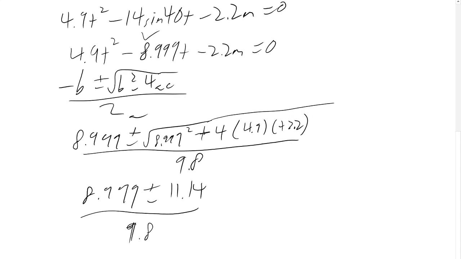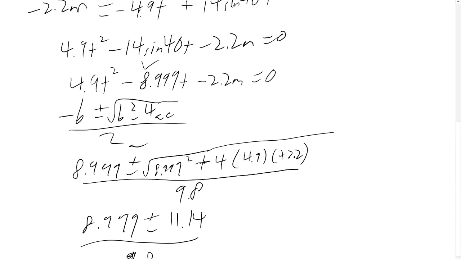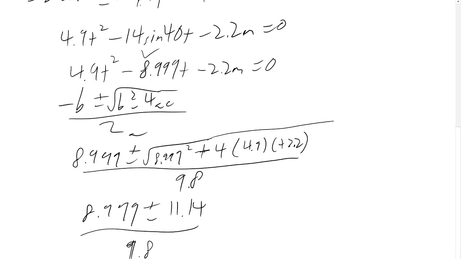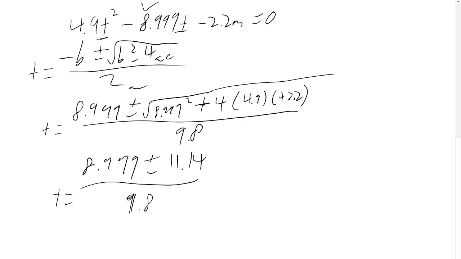So if we remember what variable we're solving for, it's time, because that's our variable in this equation. So we should write t equals before all of these. So then we can realize what answers we should accept and which ones we should reject.